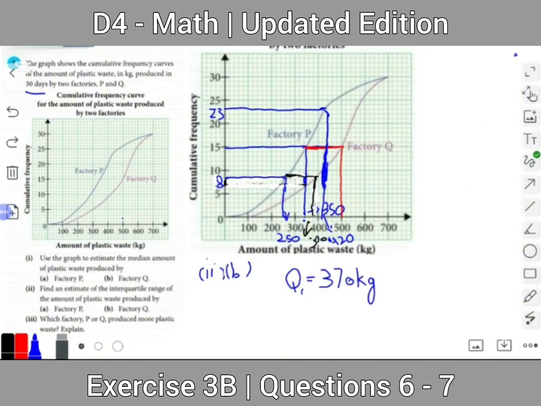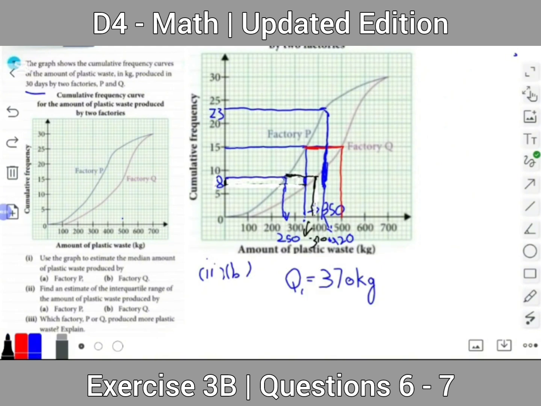Now to estimate the upper quartile, we will look at the data value corresponding to the cumulative frequency of 23 from the cumulative frequency curve.